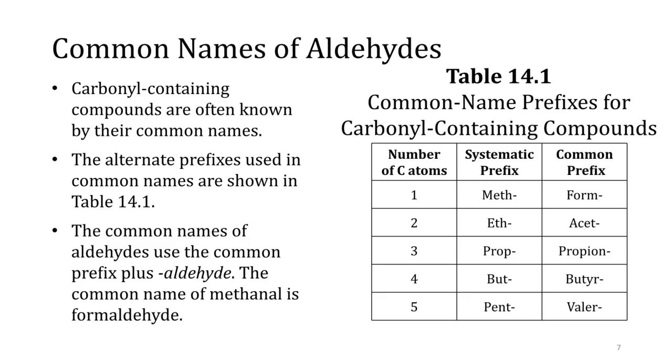For example, methanal, that one carbon aldehyde, CH2O, is more commonly known as formaldehyde, which you've probably heard. That's a preservative used for biological specimen preservation. Ethanal is more commonly known as acetaldehyde. Propanal is propionaldehyde. Butanal is butyraldehyde, and pentanal is valeraldehyde.